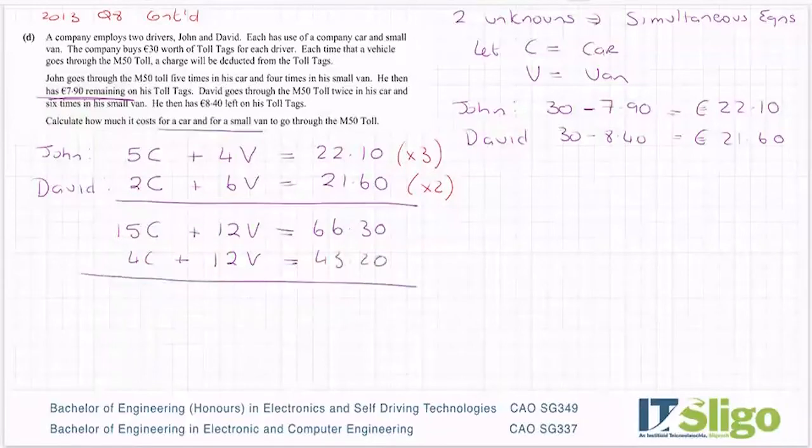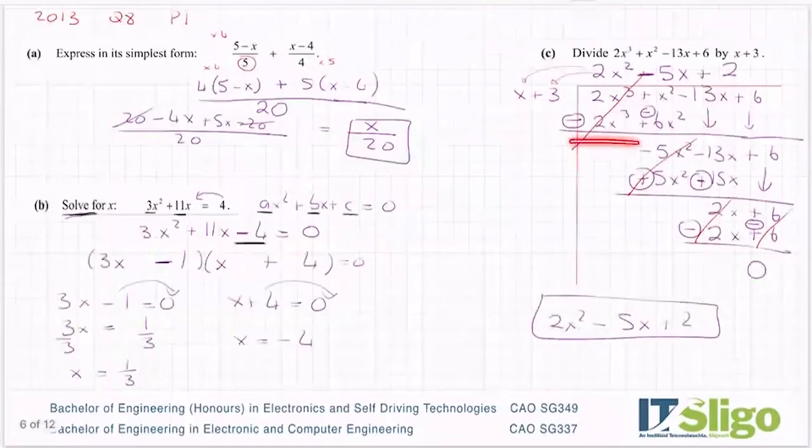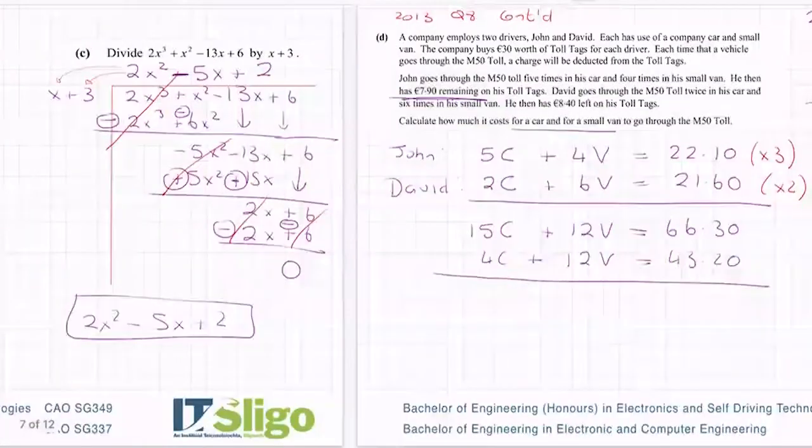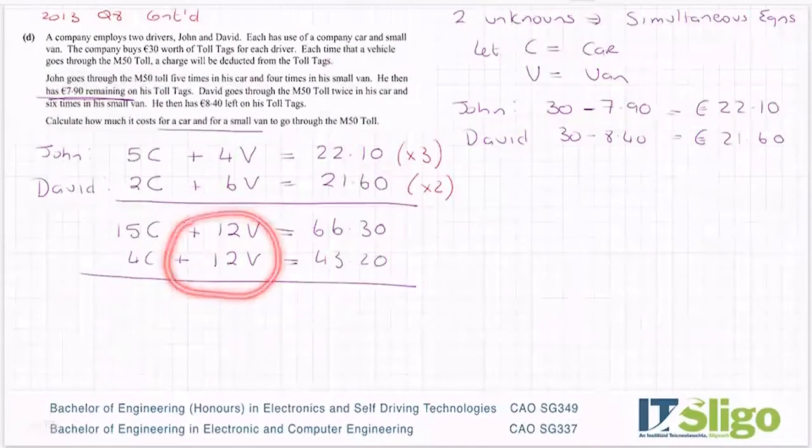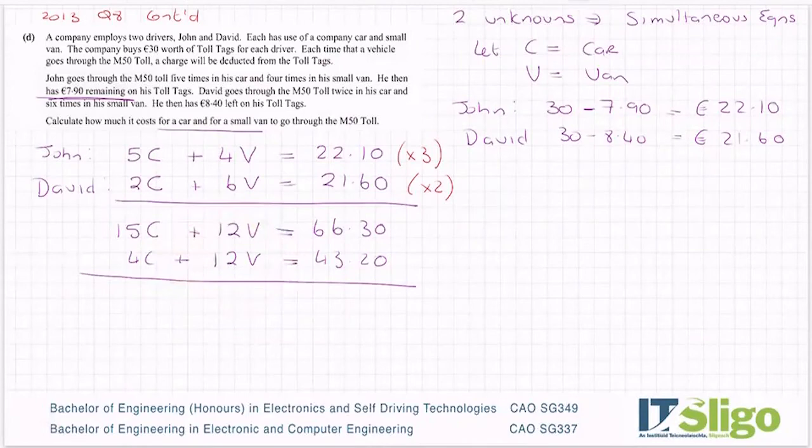Put a line under it. They don't cancel just yet. We have to change the sign on one of them. One of them has to be a plus, one has to be a minus. So let's change the sign here to a minus. What I do to one piece of the equation, I have to do to it all, so I have to change the signs all the way across.